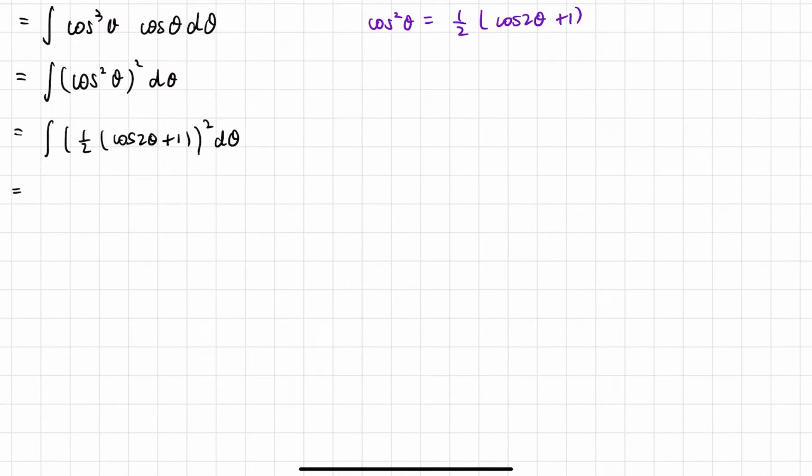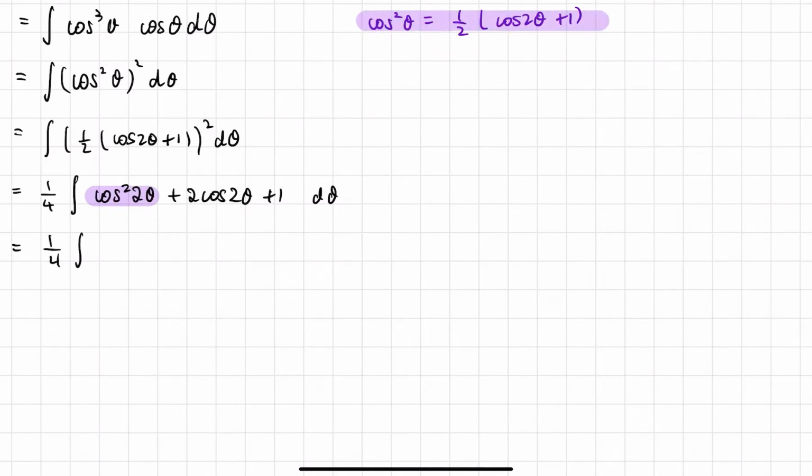So we're doing that thing again where we're trying to reduce the powers down to a linear power where we can integrate it. So let's pull out the quarter: 1 over 4, cos squared 2 theta plus 2 cos 2 theta plus 1. You see we have another cos squared, and we just made a formula for it, this one here.